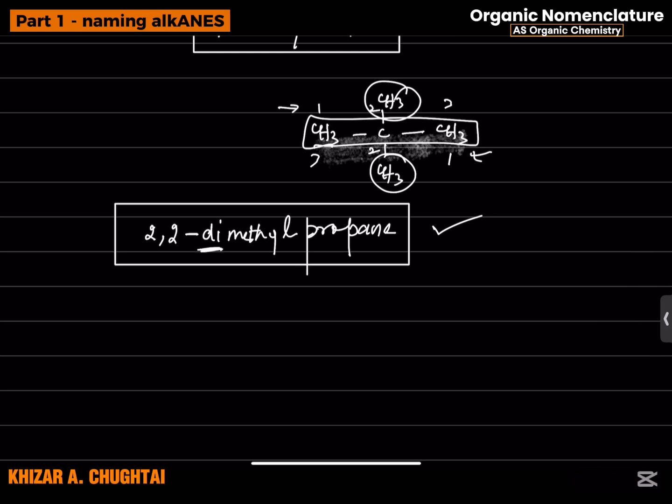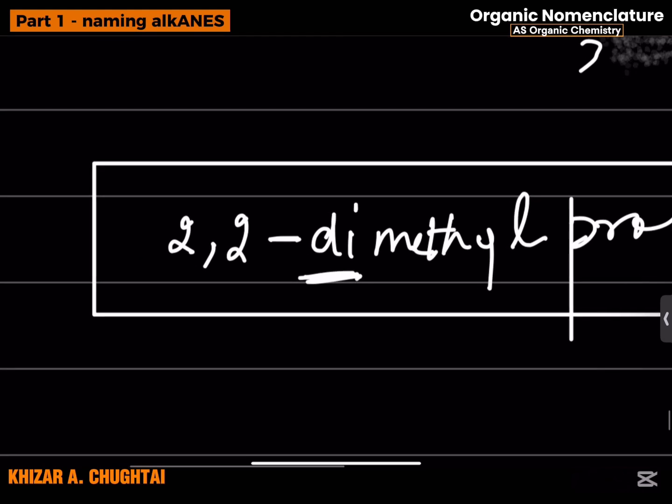How many methyl are there? How many same branches are there? Same. So you will write di collectively. If there are 3 same branches, you will write tri. If there are 4 same branches, you will write tetra. 2, 2, these are the positions of the branches.